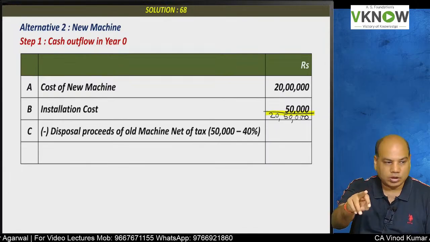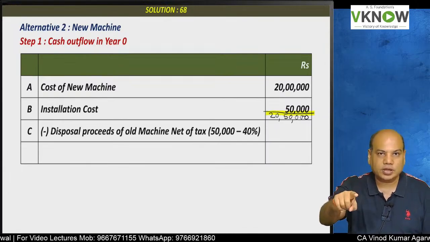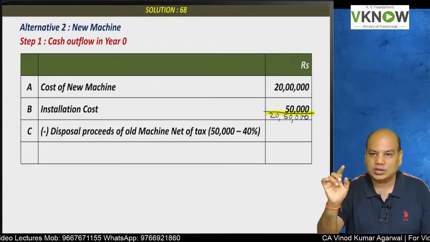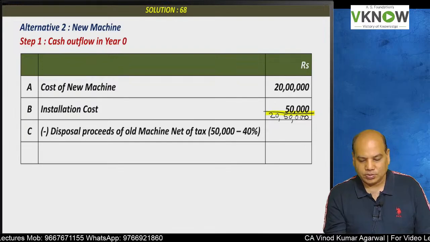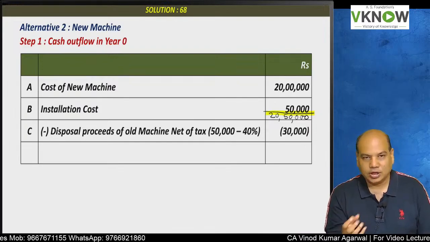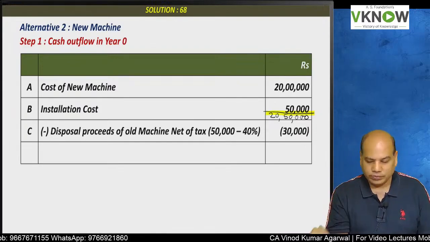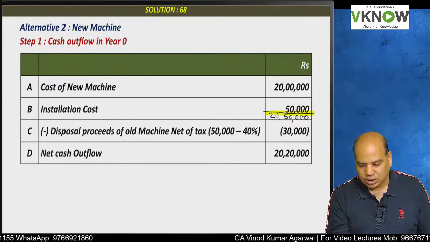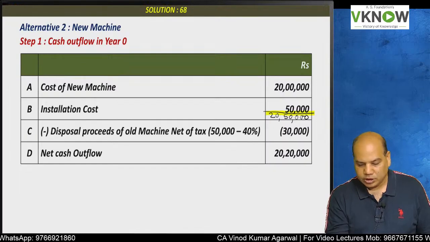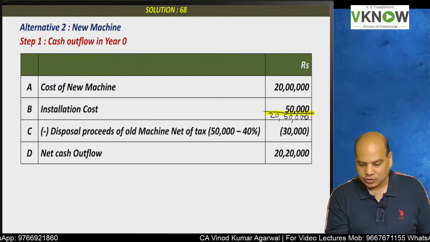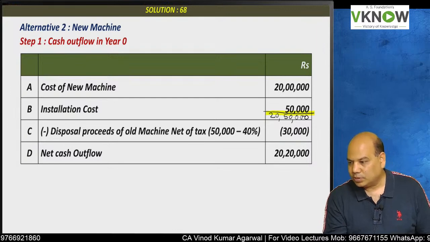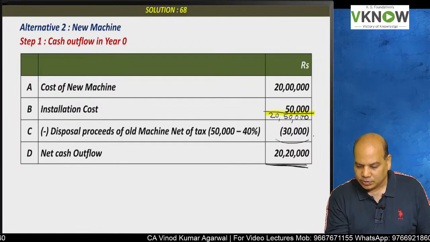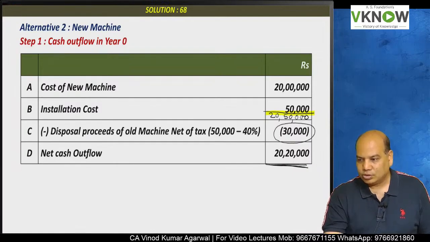Old machine has a 0 book value. You will sell it for 50,000. Entire 50,000 is your capital gain, minus 40%. So what you will get in your pocket is 30,000. So my net cash outflow will be 20,20,000, because I'll get 30,000 rupees by selling the old machine.